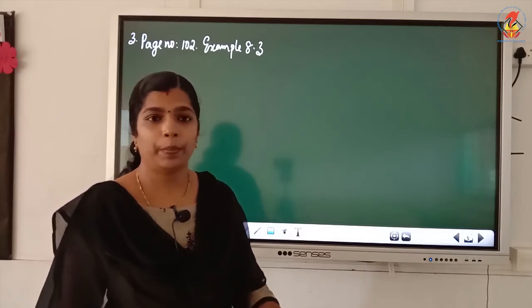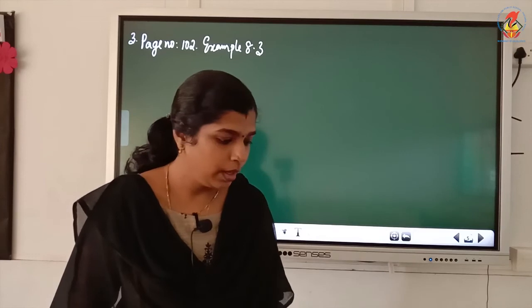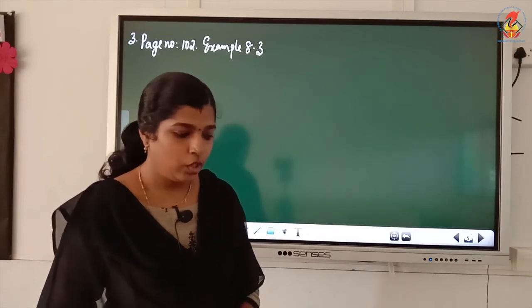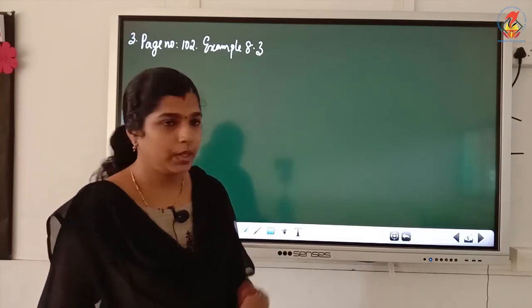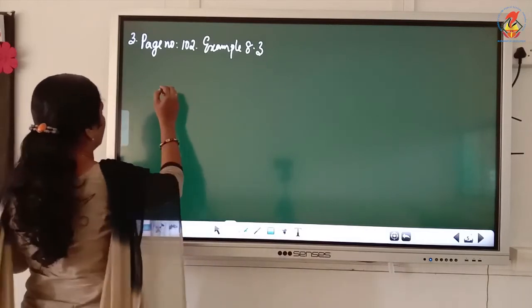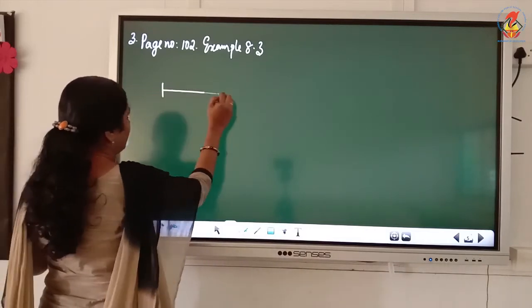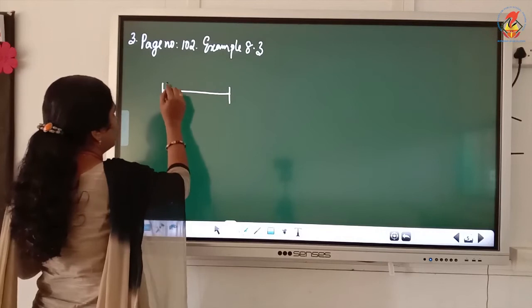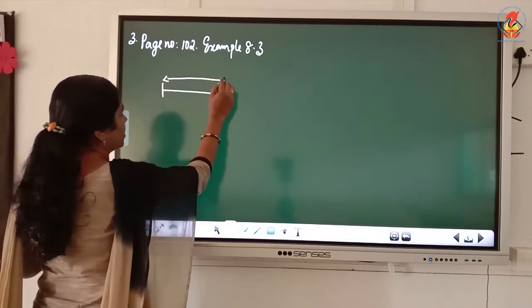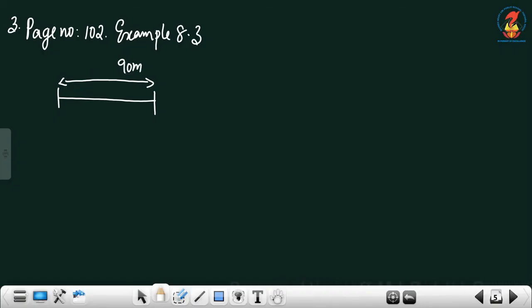The length of the pool is 90 meter. She covers 180 meter. Suppose it's like this. This one is the starting point. So, this much length is 90 meter. She starts from here, reaches this point and returns back.